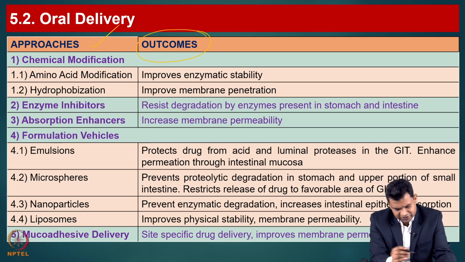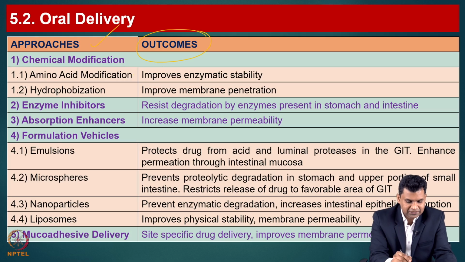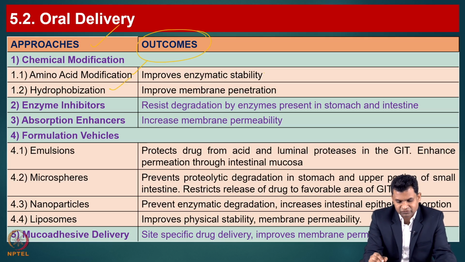As we had discussed, I am not going to discuss this again in detail, because we already discussed the amino acid modifications, even the hydrophobization, which will improve the stability as well as the penetration. The second one is enzyme inhibitors, which will inhibit the degradation by the enzymes.